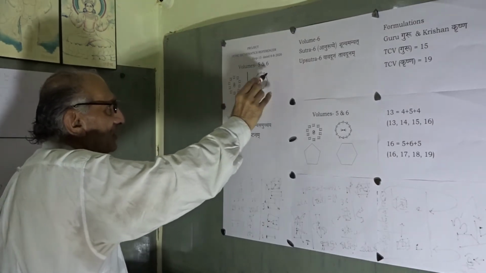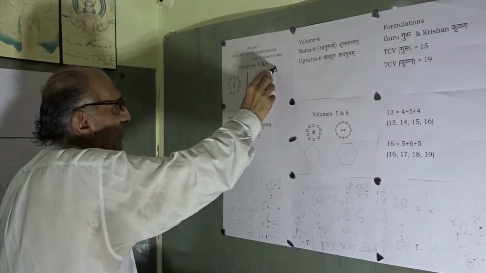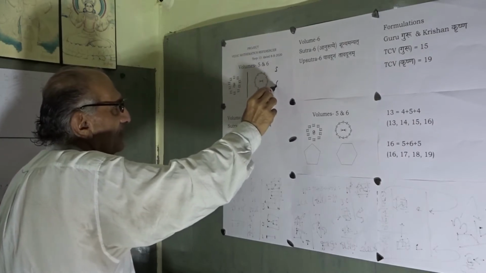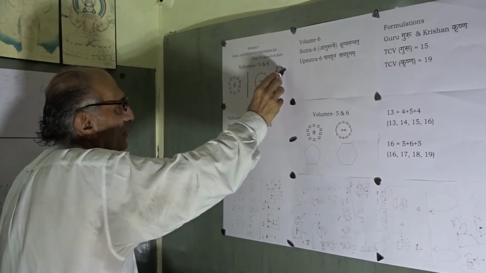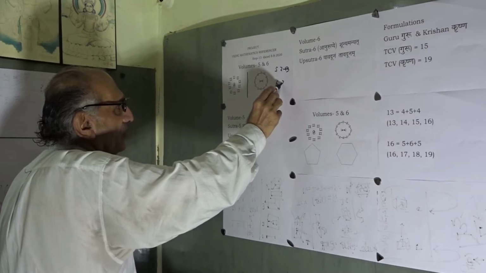for the reason that volume 5 and volume 6 are interrelated, as 5 is equal to 2 plus 3 and 6 is equal to 2 into 3.